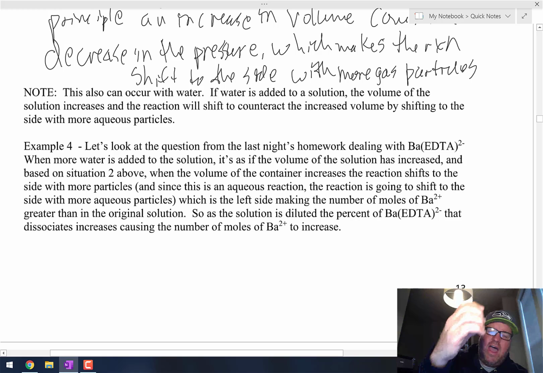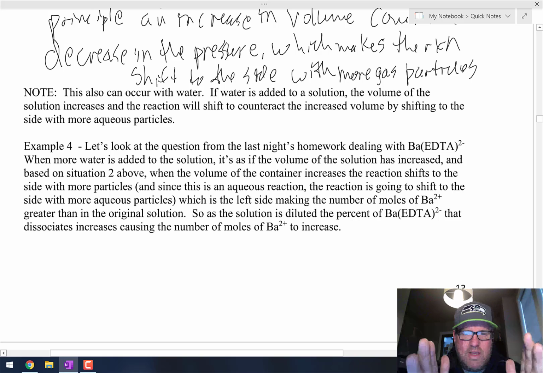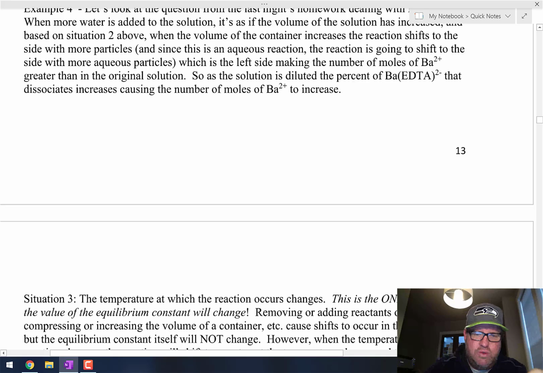You can't take the water out, because that's going to take some of the particles out too. So if the water evaporates, the volume's gone down, and it's going to shift to the side with fewer gas particles if it's a gas, or fewer aqueous particles if it's an aqueous solution.